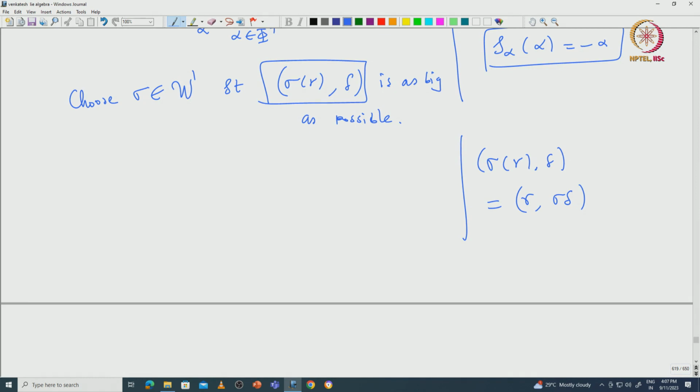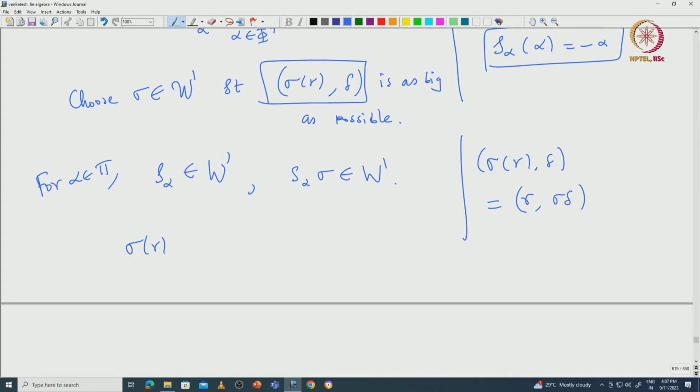So, now let us look at this alpha simple root. So, then for alpha in pi, you can see that this S alpha must be in W dash. So, in particular S alpha sigma, that should be inside W dash. Okay. So, now for the choice of sigma, what happens?